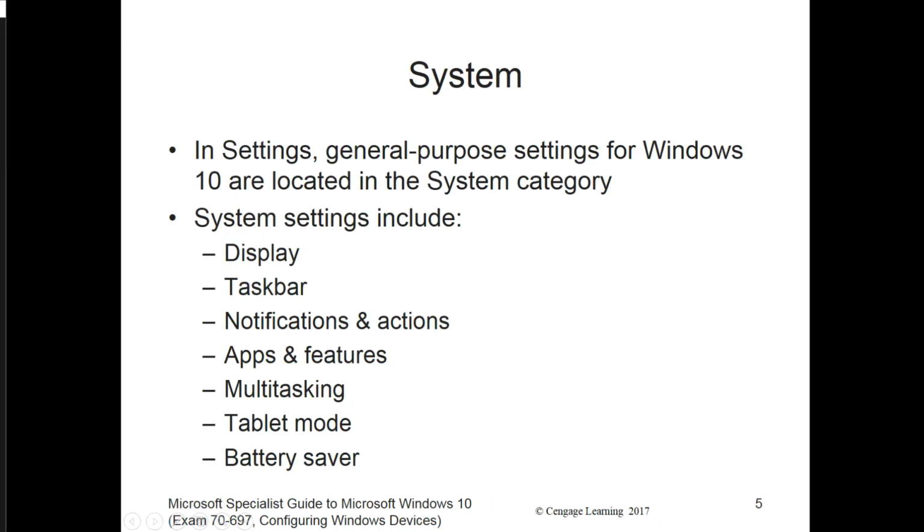In settings, general purpose settings for Windows 10 are located in the system category. System settings include the things that I went through and listed, but we've got the display, the taskbar, notifications and actions, apps and features, multitasking, tablet mode, and battery saver.